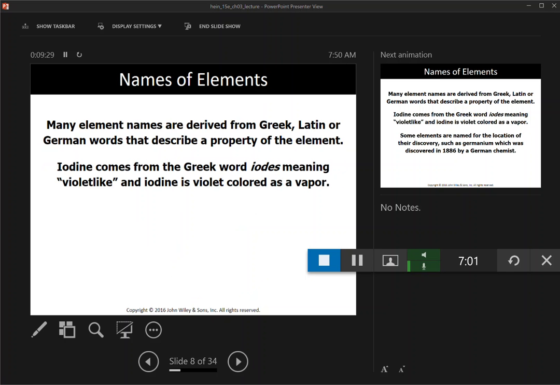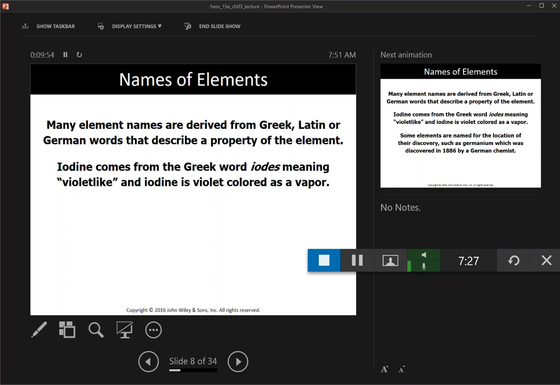So the names of most of these elements in the periodic table are derived from their properties, and most of them have Latin names. So if you come across elements where their name doesn't match their symbol, just keep in mind that the symbol is based on the Latin name for the element, and it may not actually match the name that we know the element by.